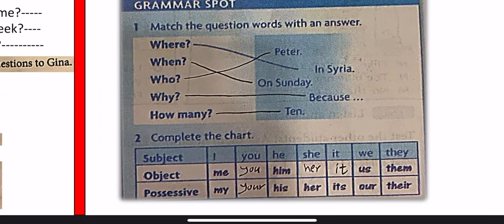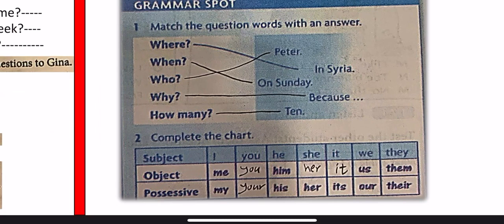So subject pronouns are I, you, he, she, it, we, they, while object pronouns are me, you, him, her, it, us, them. Possessive adjectives are my, your, his, her, its, our, their. So we will differentiate between object pronoun and possessive adjective.